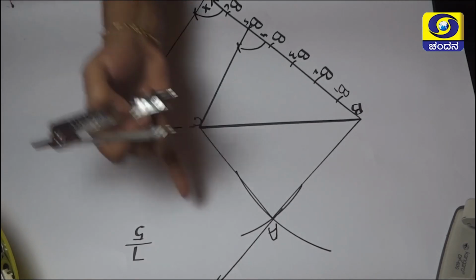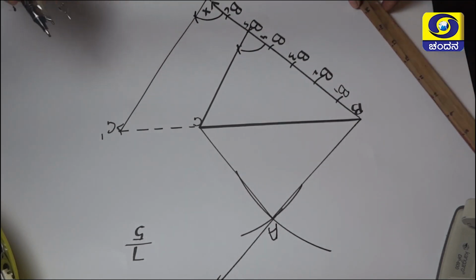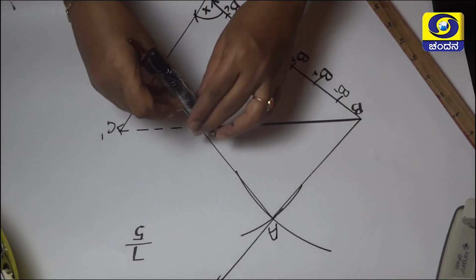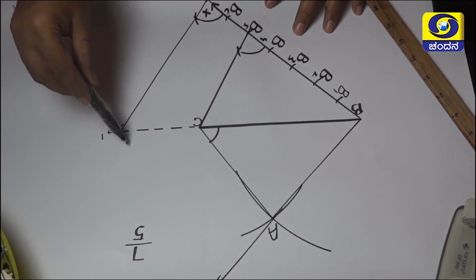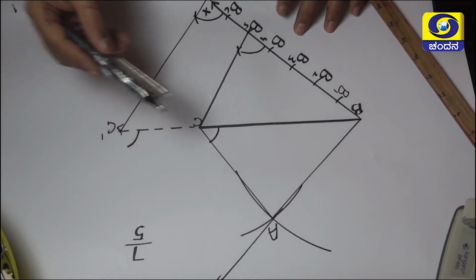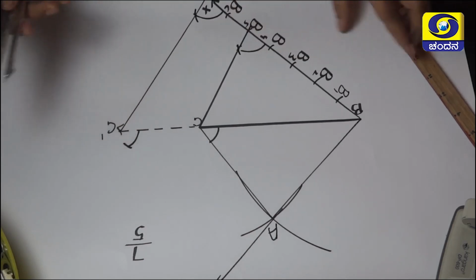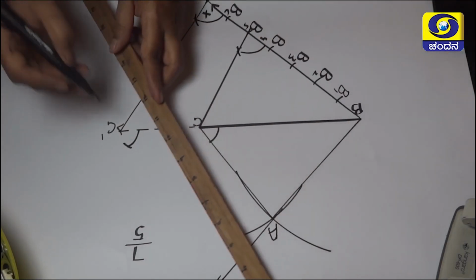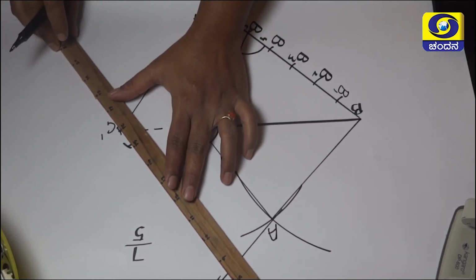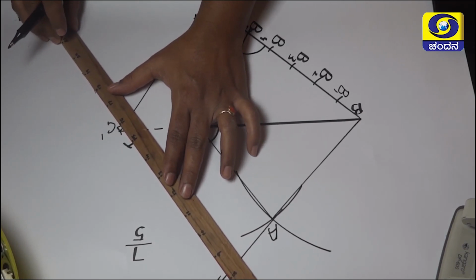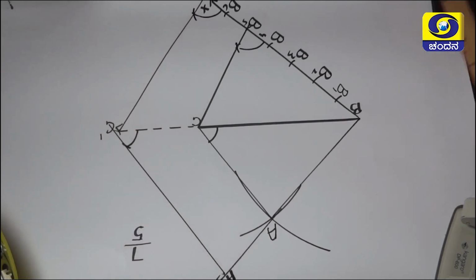To join this point C dash to extended part of BA, we have to copy the angle formed at point C here. Let us copy the angle like this. Measure the width. Join the point of intersection and C dash to extended part of AC. Let us name this point as A dash.